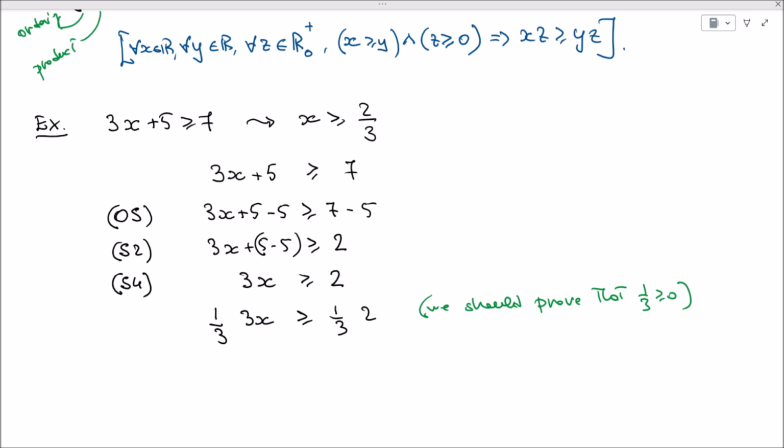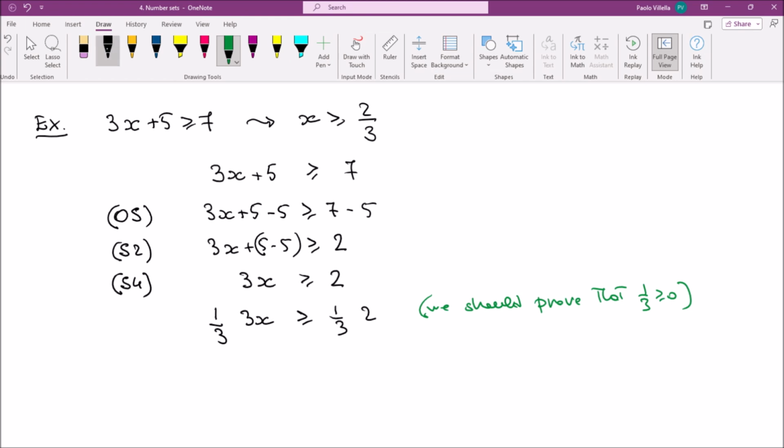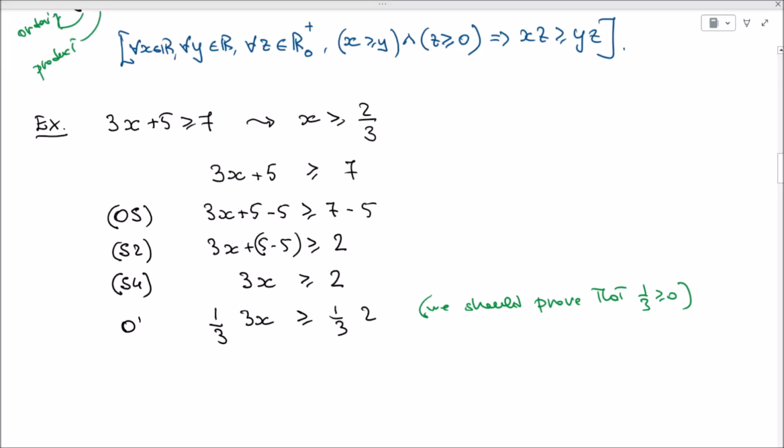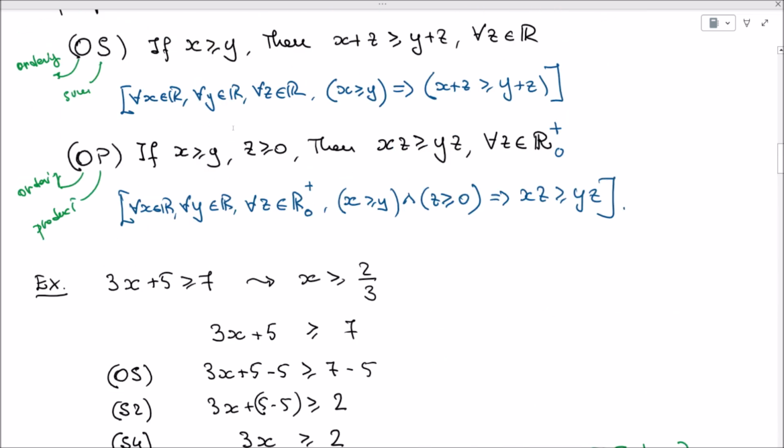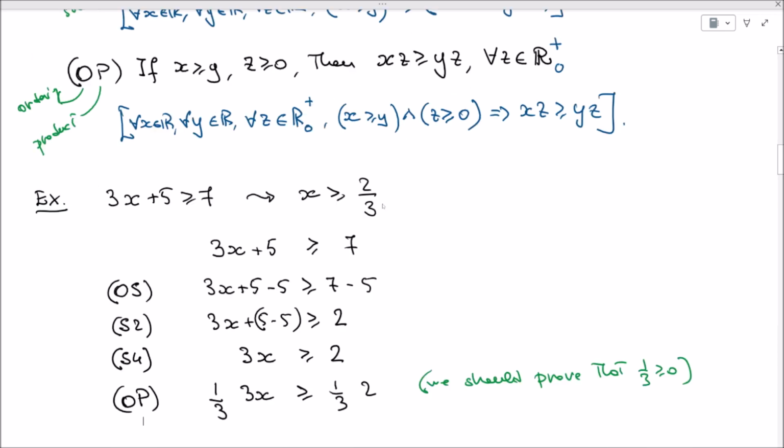So we are using now the OP axiom, which says that if we multiply both sides by a number z larger than or equal to 0, then we still have the same inequality.